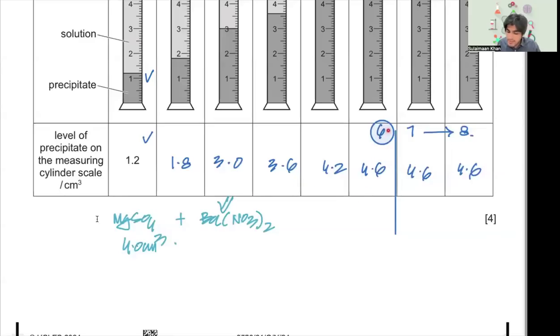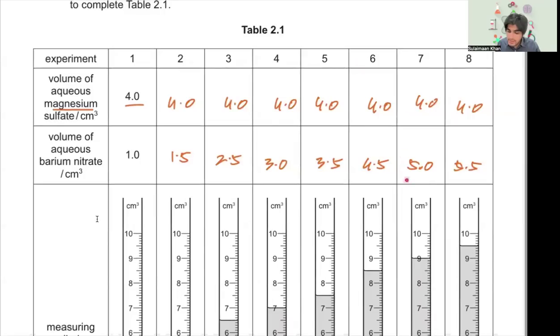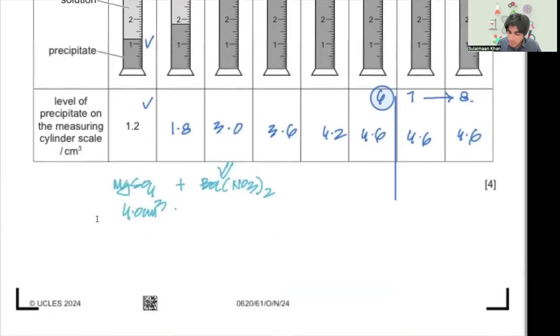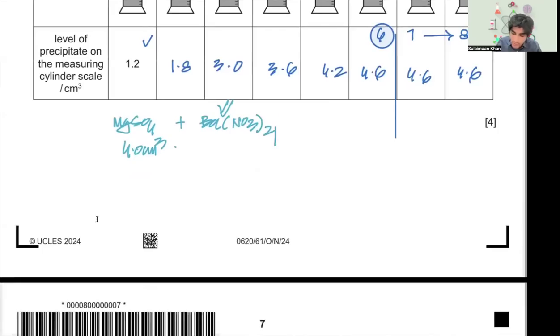But after experiment 6, you'll realize that even though I have increased the volume of barium nitrate, I went from 4.5 to 5.0, there's no more change in the precipitate, which means that even though I'm adding this, no more precipitate is being made, which means that magnesium sulfate might have finished. Not might have, it actually has finished. So the sulfate ions have finished.